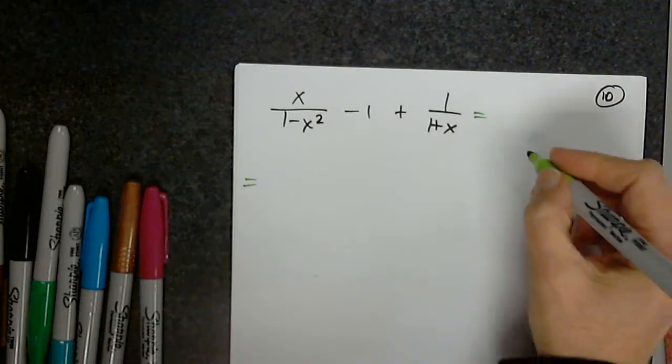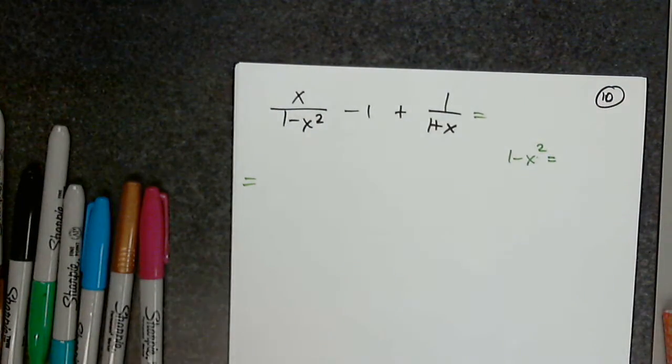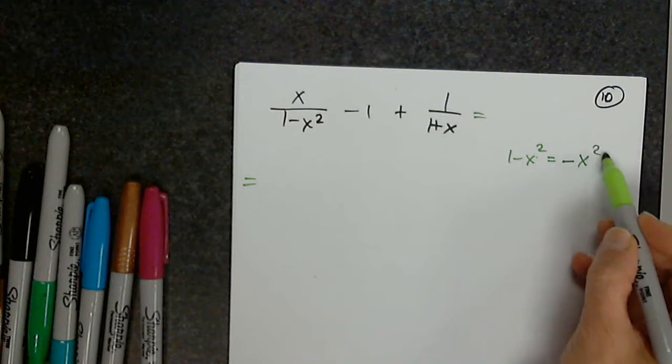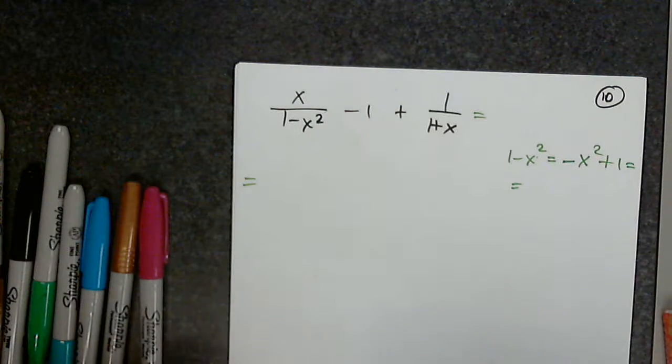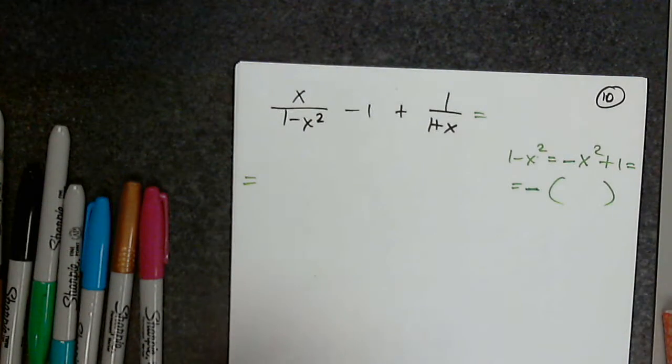Let's take it aside. 1 minus x squared. What would you do to it? You will rearrange it as negative x squared plus 1 as we discussed in chapter 6. That's mandatory. Then you will factor out negative 1. That's also mandatory.